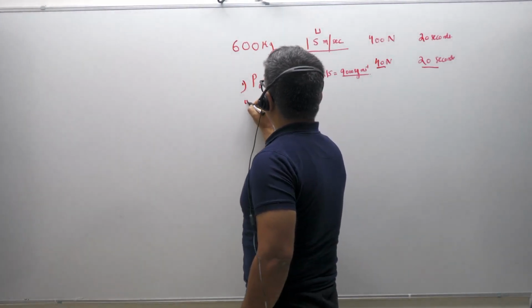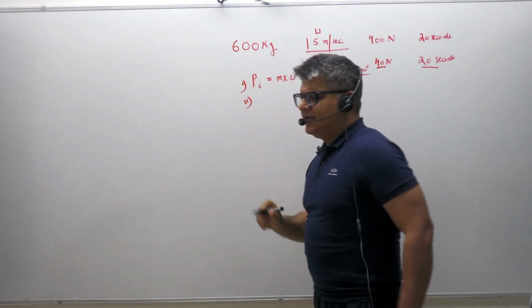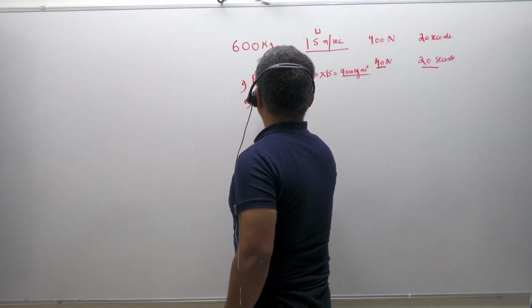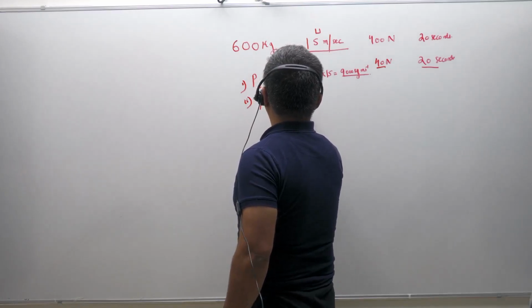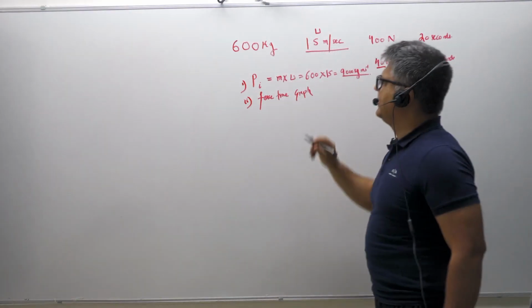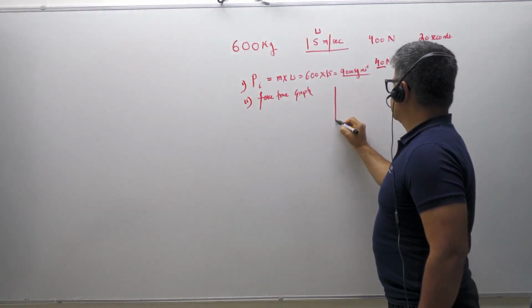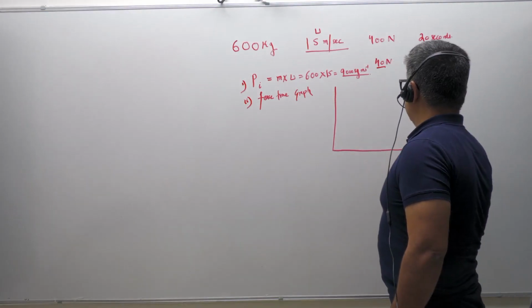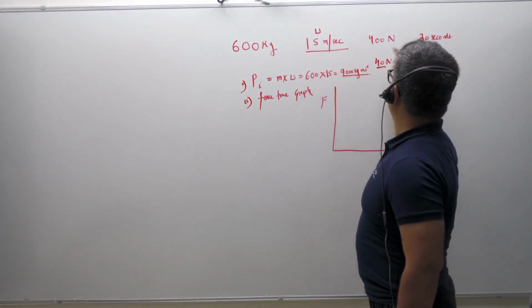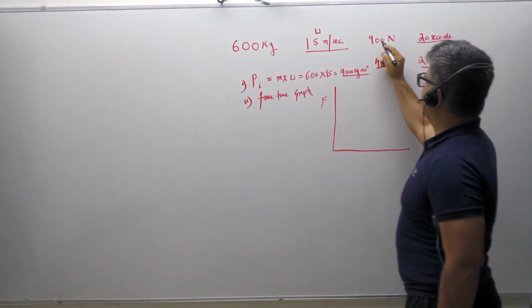Second is, you have to explain this situation with the help of a force time graph. Okay, so it's a force time graph, not very difficult, right? So you know force, and you have applied the force for a period of 20 seconds and you have applied 400 newtons.